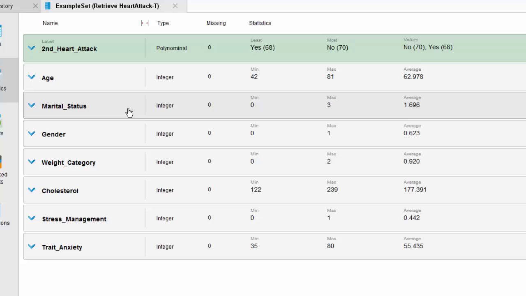Marital status is a categorical variable that can take 0, 1, 2, and 3: 0 for single, 1 for married, 2 for divorced, and 3 for widowed. Then we have gender, which can take 0 or 1, 0 for females, and 1 for males. And then we have weight category, which is 0 for normal weight range, 1 for overweight, and 2 for obese.